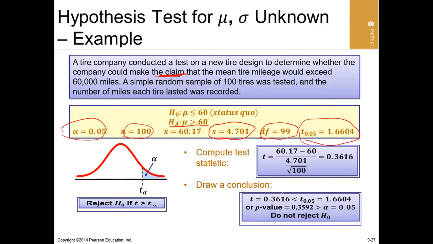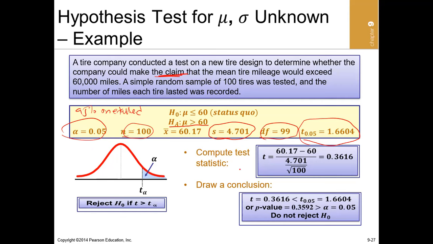I've taught that in the confidence interval video. You can pause the video and check from your t table: 95%, one-tailed, and the degree of freedom is 99. You get a t-value of 1.6604. That is the critical value.